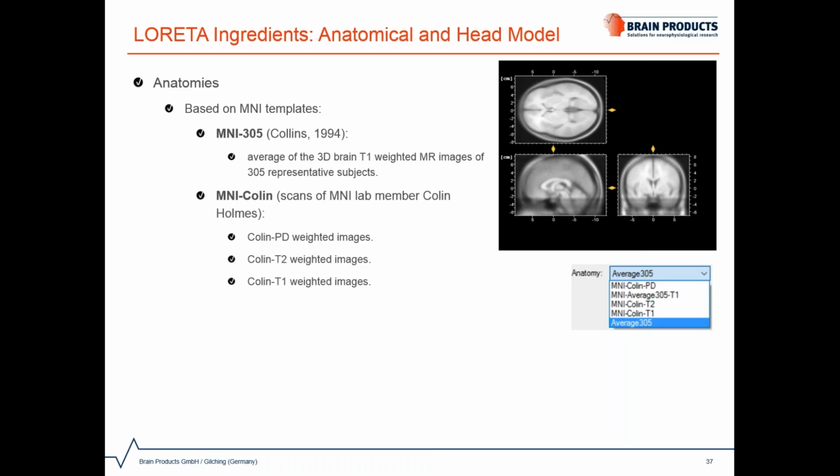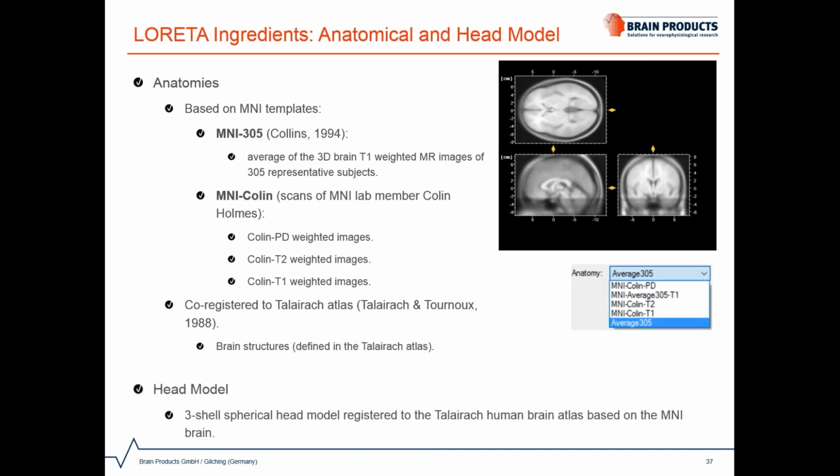So you have the possibility to select the images weighted either by the proton density, or by T2 or by T1. The MNI images are co-registered to the Talairach brain atlas to establish the detailed brain structure in the MNI space. For the standard MNI brain, we offer a 3-shell spherical head model, which is fitted to the MNI brain template, which has been co-registered to the Talairach brain atlas.